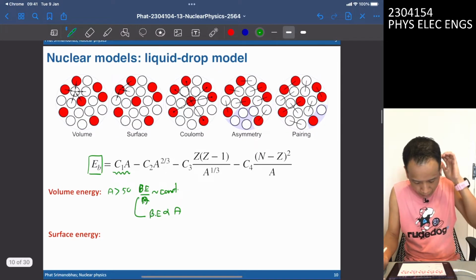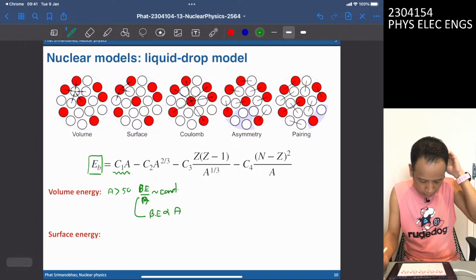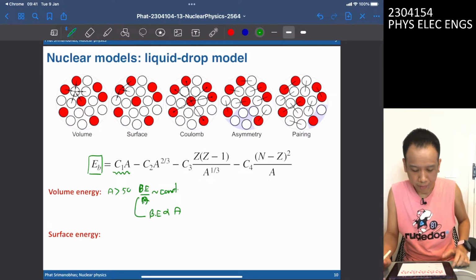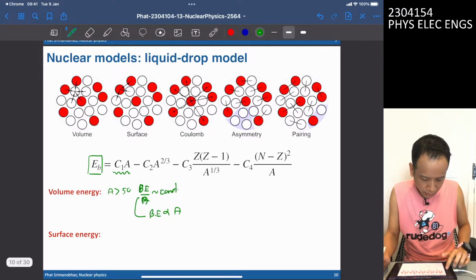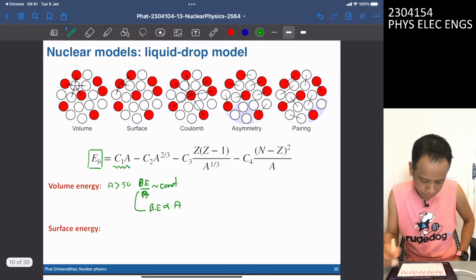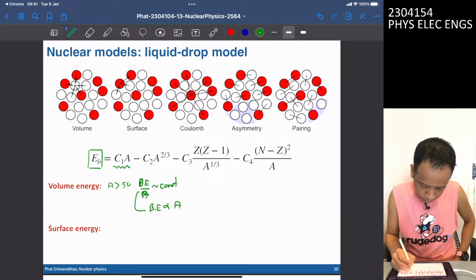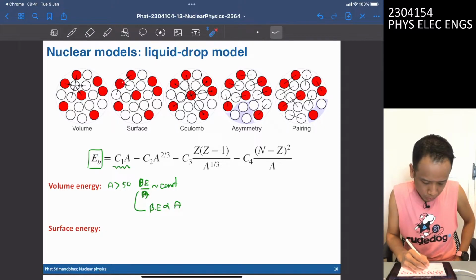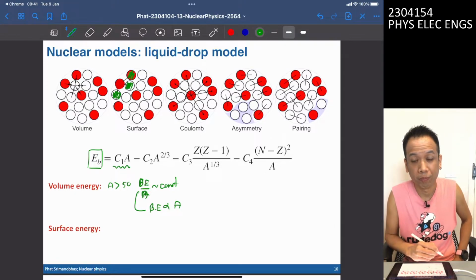The second one is what we call the surface energy. If we are talking about the surface, this red one, you can see that it is talking only to its neighbors. I overwrote the color, so they're talking to the green one only.